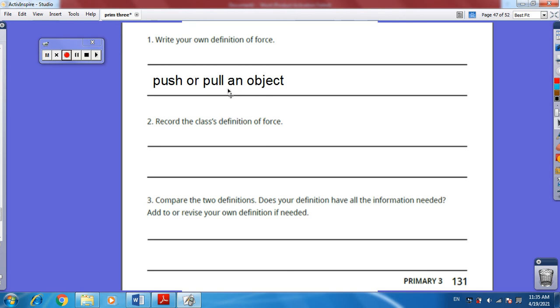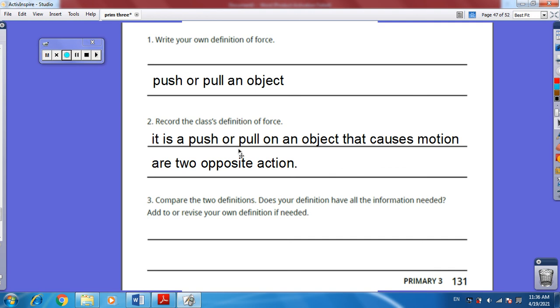Push or pull on an object, excellent, that causes motion or moves it from one place to another place. And who can tell me what is the definition we wrote before? Record the class definition. Our class definition is, it is a push or pull on an object that causes motion or two opposite actions.